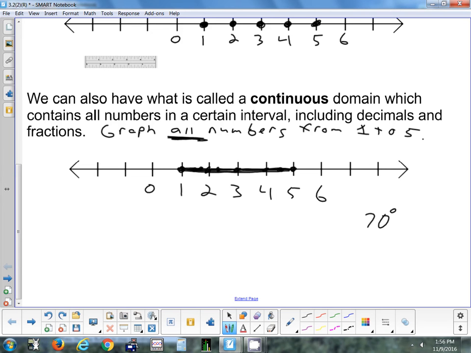As it boils, the hottest it's going to get is 212. As it starts at 70 and ends up at 212, what temperatures is it going to go through? A lot. How many? Over 100.